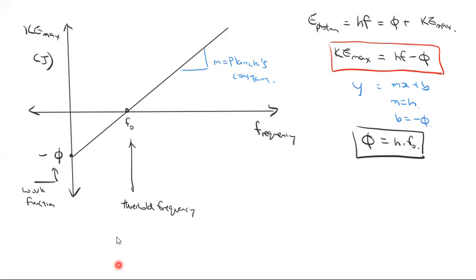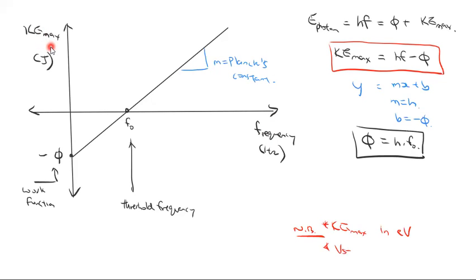Now, you should pay very special attention to the fact that I've said this is in joules and this is in hertz. Do be careful with that, because you might get very similar graphs where Ke max is not in joules but in eV, for example. Or you might not get Ke max on the vertical axis at all.